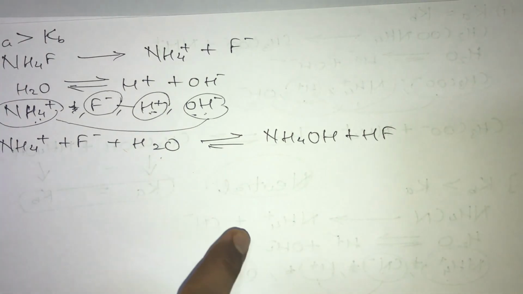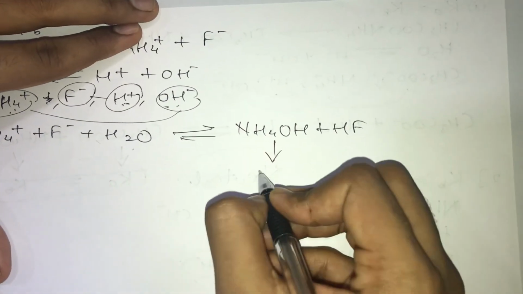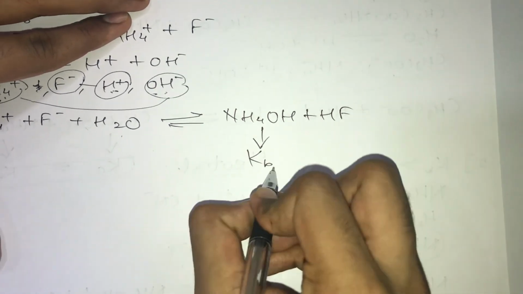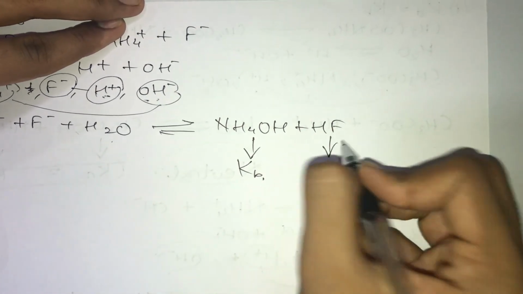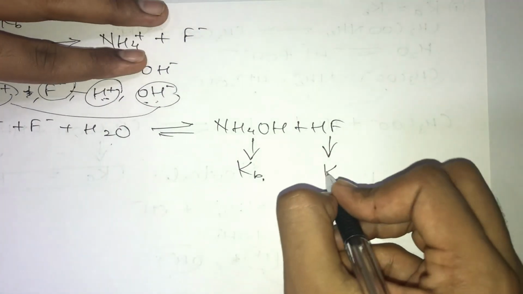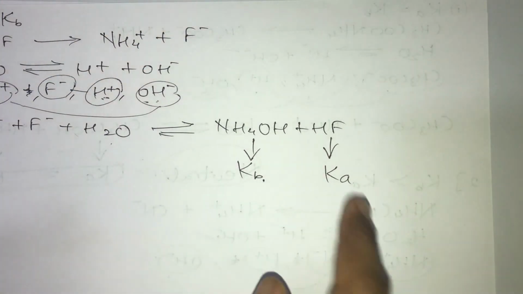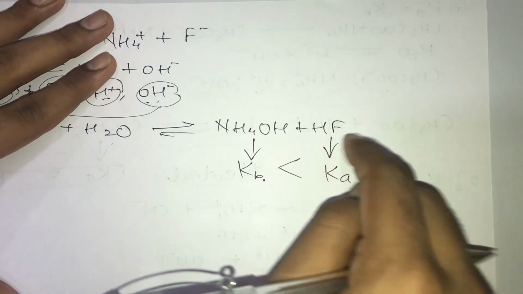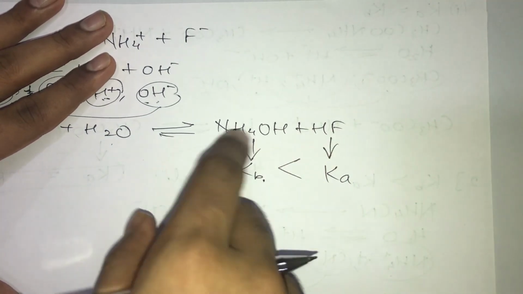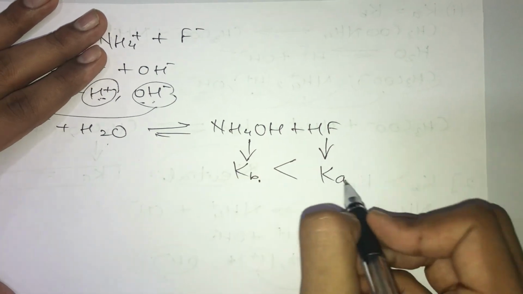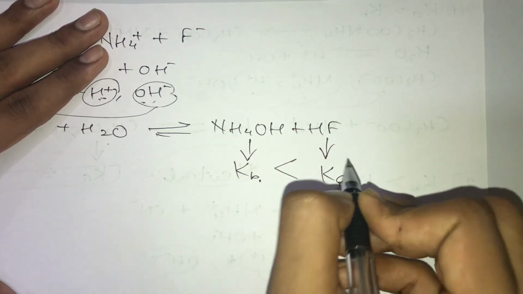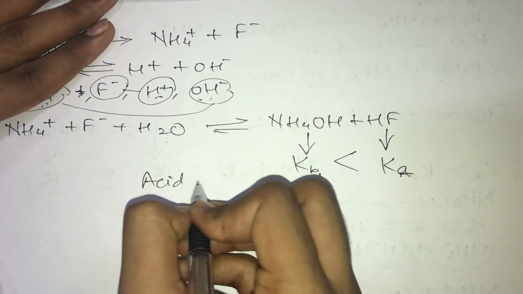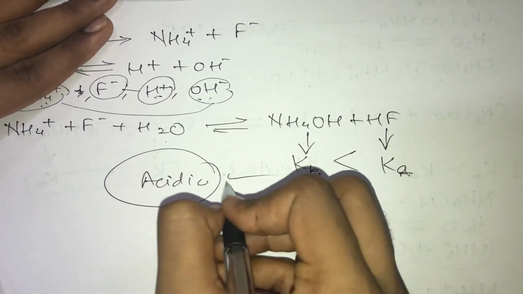Now in this case, you need to find out the Kb value of NH4OH, since it is a base. Since HF is an acid, you need to find out the Ka value. When you find out the Kb and Ka value, you will observe that the Ka value of HF is greater than the Kb value of NH4OH, and Ka is the acid dissociation constant. So in this case, your aqueous solution will be acidic.